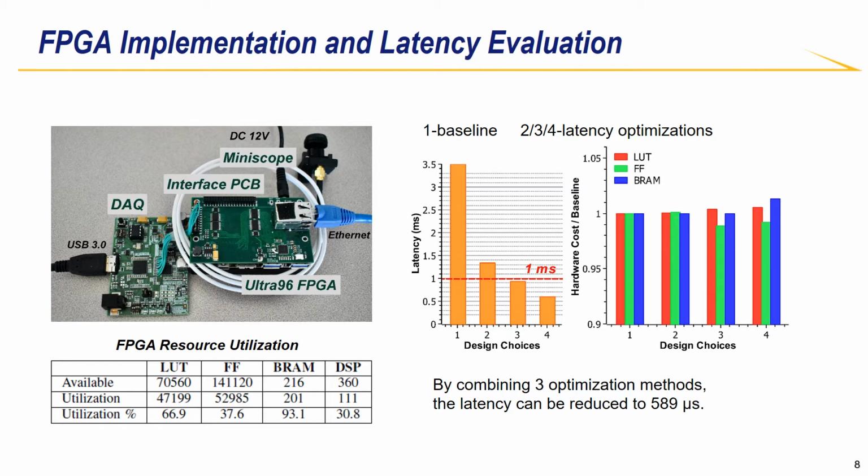Our FPGA implementation consumes the majority of the on-chip DRAM resource, while 30 to 60% of computation resources still remain available. We evaluated the latency performance under the proposed optimizations. By combining all of the optimizations, the trace extraction latency can be reduced to 589 microseconds, whereas the increased FPGA resource usage is within 2%.